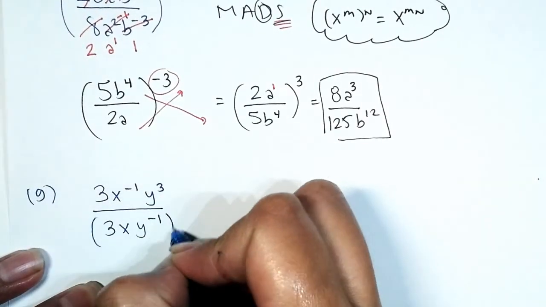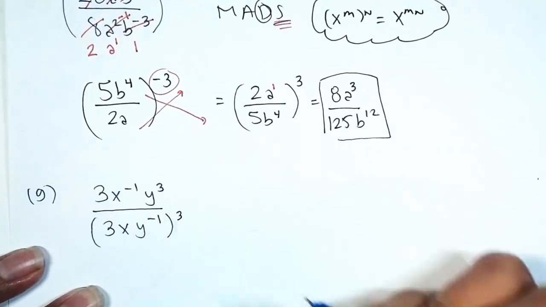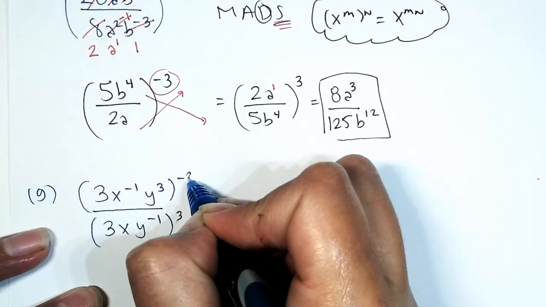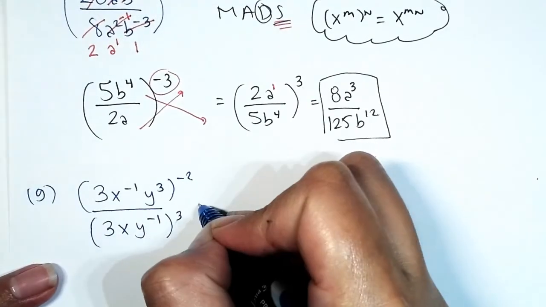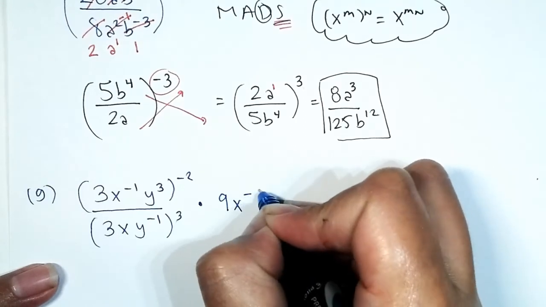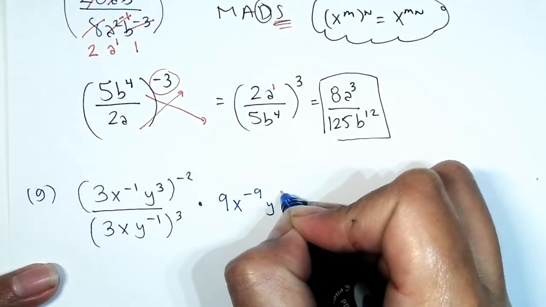The denominator is being raised to the 3rd power. The numerator is not spicy enough. We're going to raise it to the -2nd power. And for a little bit added kick, multiply it by 9 times x to the -9th, y to the 5th.